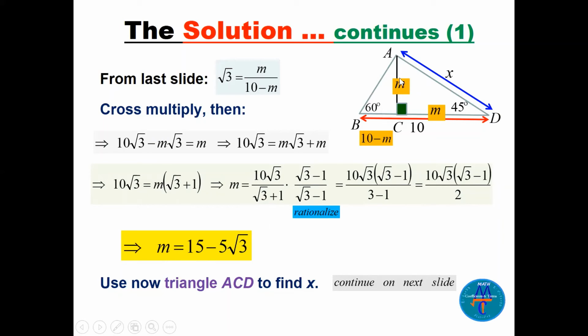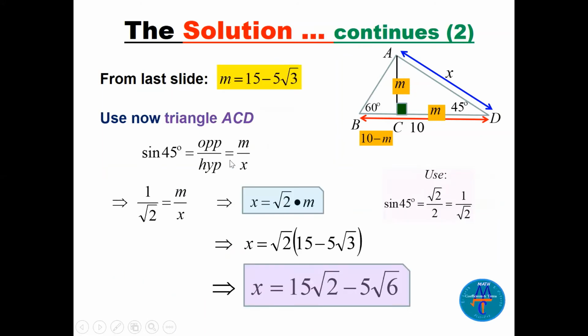Now let's use the triangle ACD, this one here on the right side, to find the value of x. Let's continue on the next slide. So we have m already found, 15 minus 5 square root of 3. We use this triangle here, ACD. Sine 45 will be the opposite over the hypotenuse. So this is the opposite m over the hypotenuse x. Sine 45, we can write it in two ways.